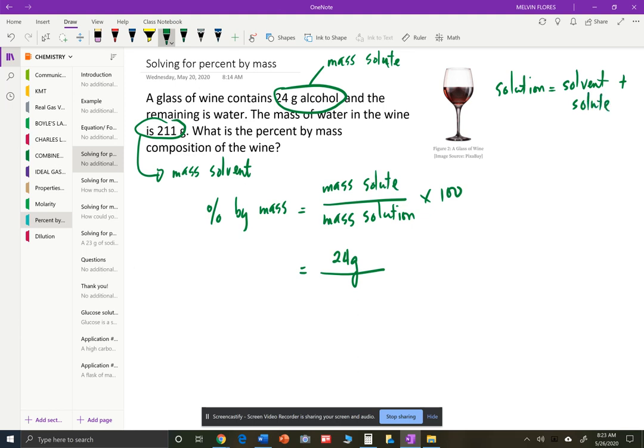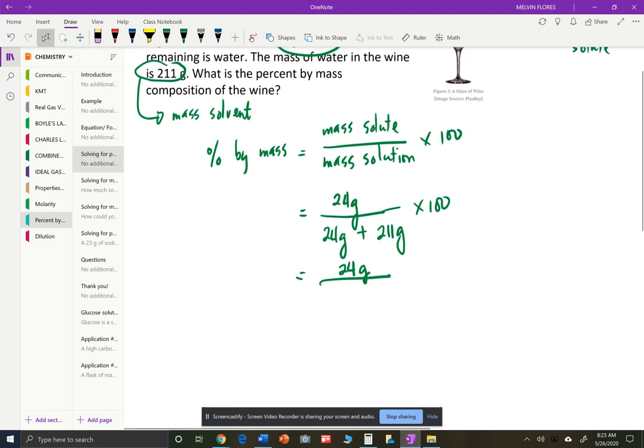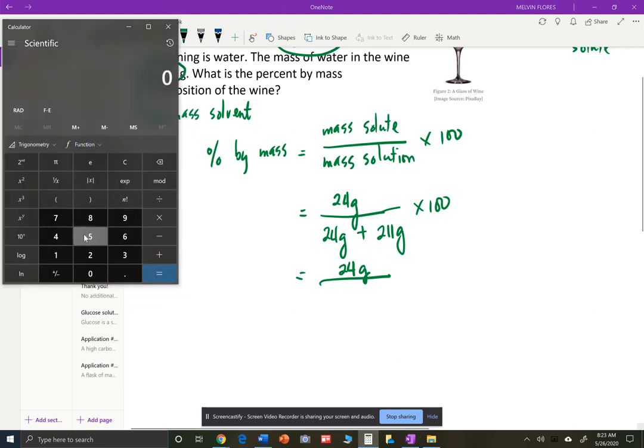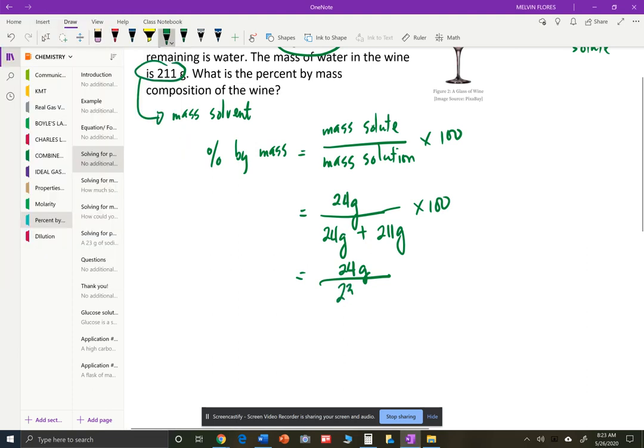In here, our solvent is water and our solute is the alcohol, which is 24 grams of alcohol plus the mass of the water, which is 211 grams, times 100. So that's going to be 24 grams divided by 24 plus 211. 24 plus 211 gives you 235 grams, times 100.